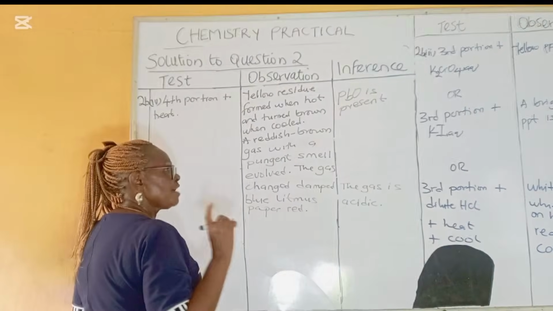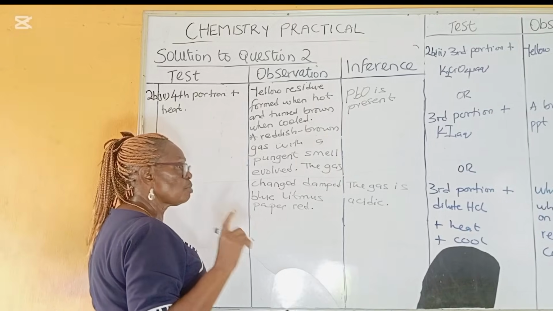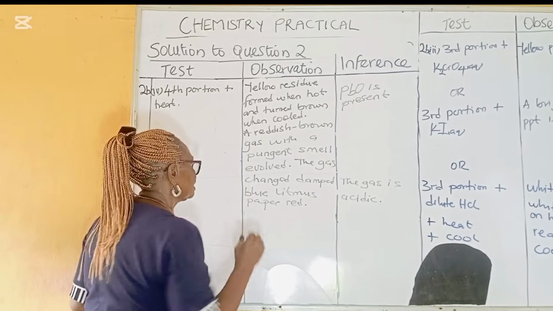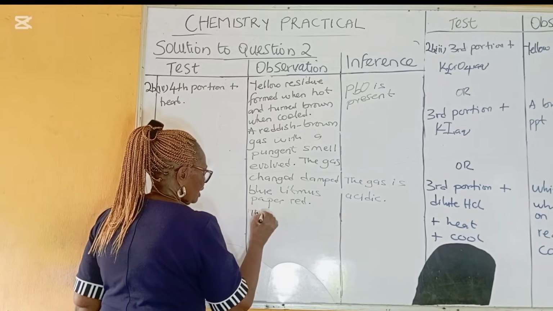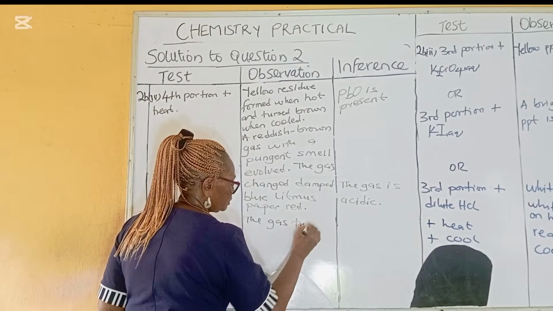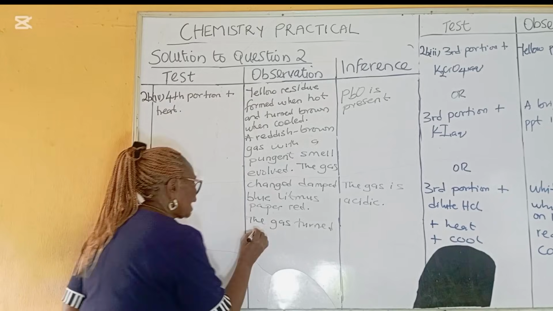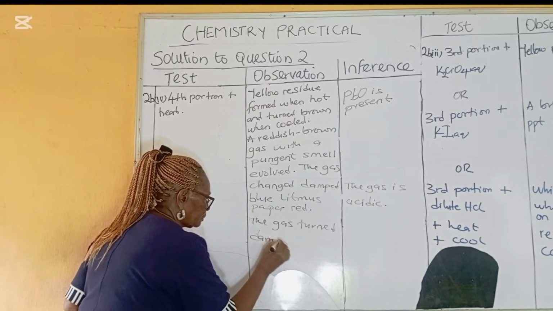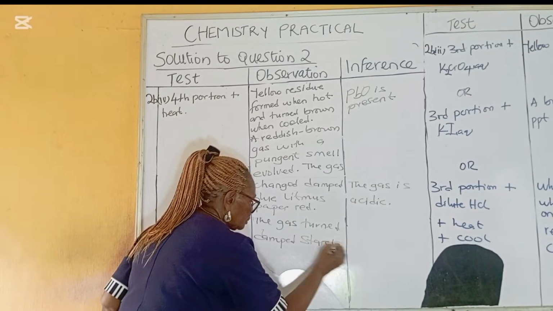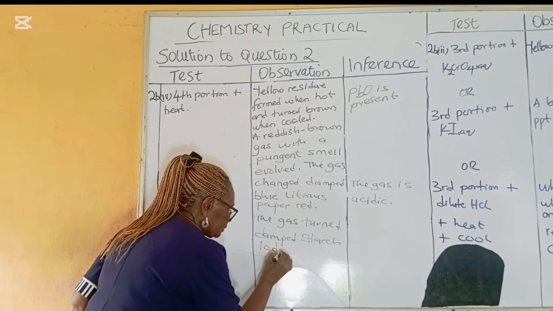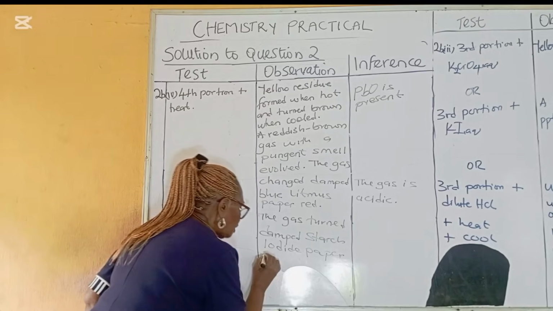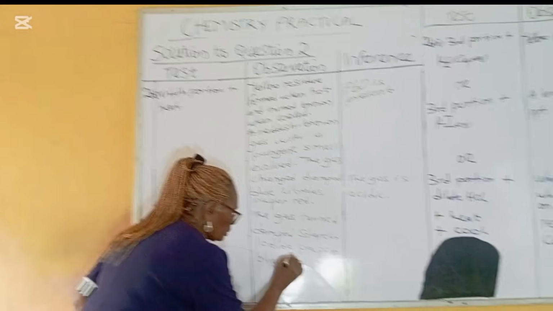Then you have to confirm every gas for you to score for the gas. So you have to confirm the gas. How do you confirm NO2 gas? You say the gas turned damp starch iodide paper blue-black.